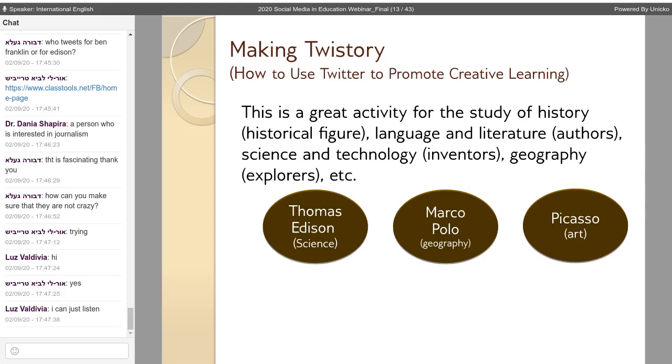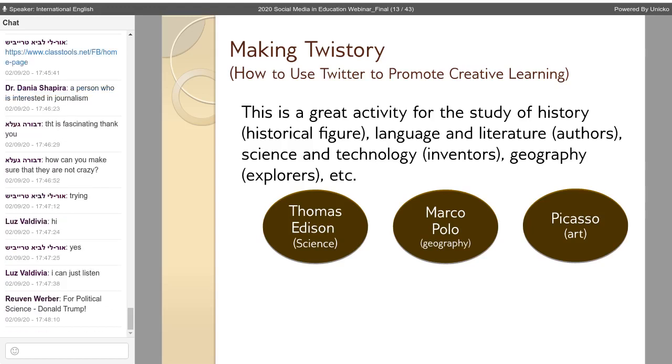You can make some adjustments or modifications to this activity to make it relevant to your students, okay? So they interview the historical figure or the scientist or the inventor or the author, and then they share their answers with their classmates.